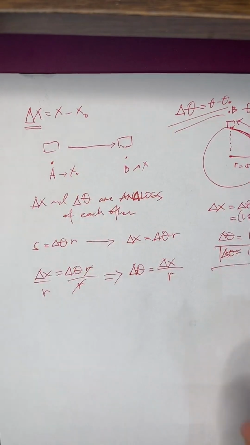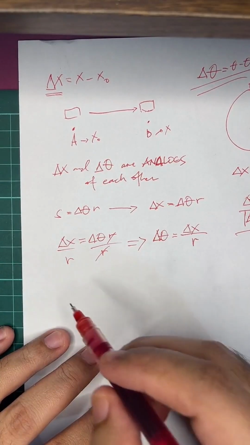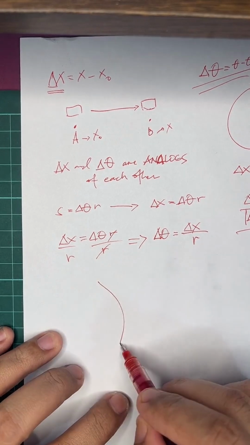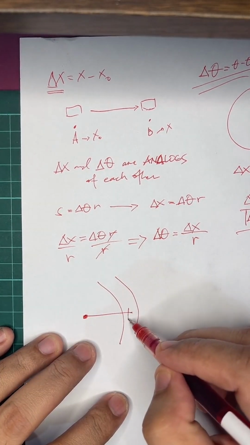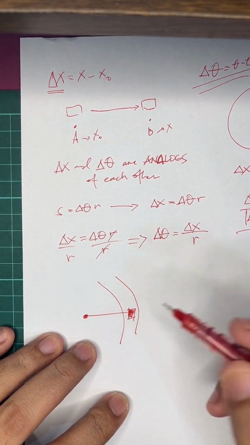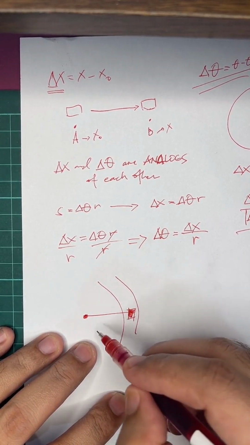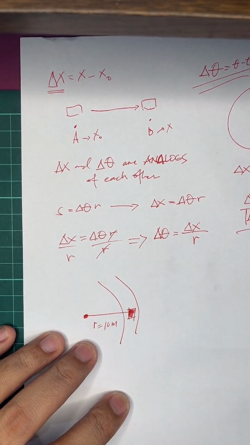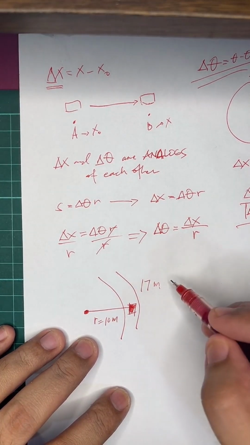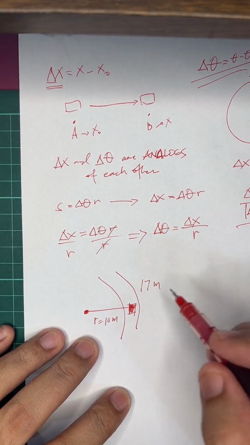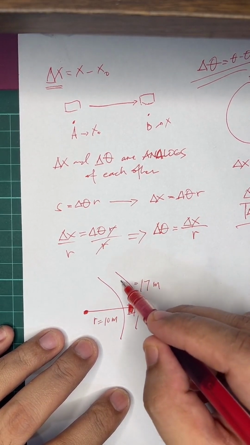Now, if we have a given displacement, let's say we are given that the arc length of a path, the radius is, for example, 10 meters, and then the arc length is 17 meters. 17 meters is the arc length, or our delta x.